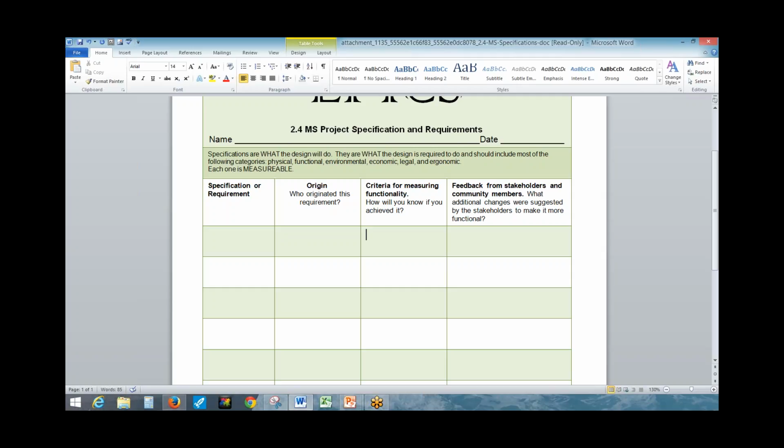It may be measuring, if it were a ball flinger, how far it would throw. Or it may be the inside mechanisms of it, and those probably could be broken down even further into smaller pieces that have to be tested. So the specifications are going to get really, really detailed.